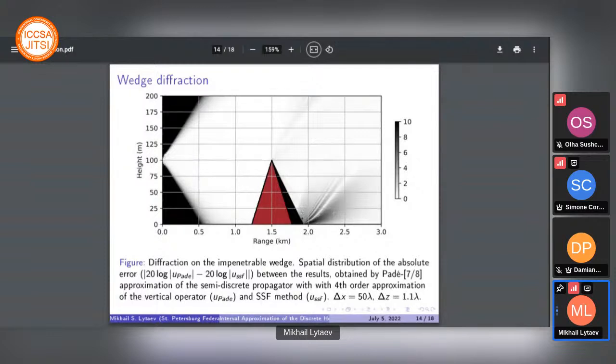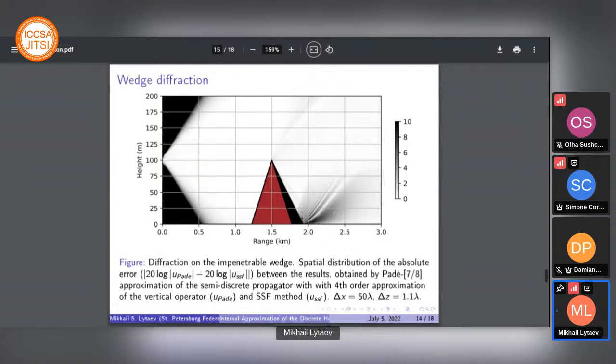In this example, both variants of Pade approximation yield a significant underestimation of the field in the diffraction zone behind the obstacle. Of course, reducing the size of the computational grid cells and increasing the approximation order allows one to increase the accuracy of the local Pade approximation. But at the same time, it will increase the computational costs.